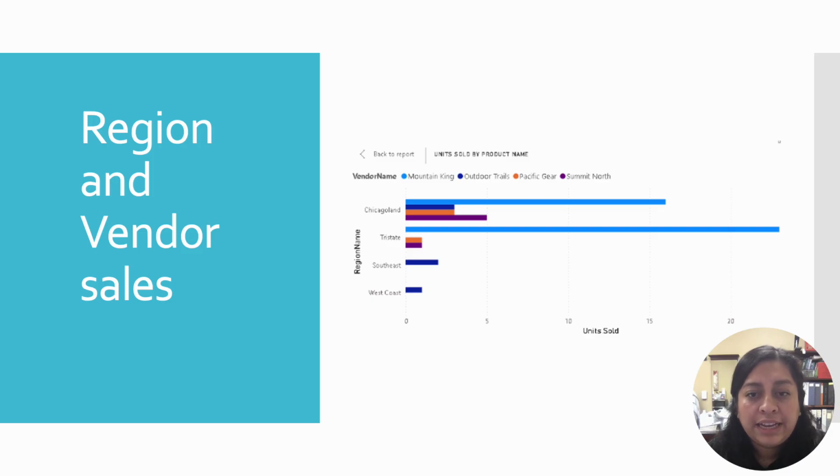And so then what we can do seeing this chart is say, okay, let's go ahead and speak to the outdoor trails and renegotiate their product and remove the thermal pants from the coastal area and increase that inventory of those thermal pants to Chicagoland, where possibly the climate would make it a bigger factor for the high demand of those pants. We can then add Pacific gear to coastal regions to boost those sales there compared to the poor performance of the Pacific gear in Chicagoland.